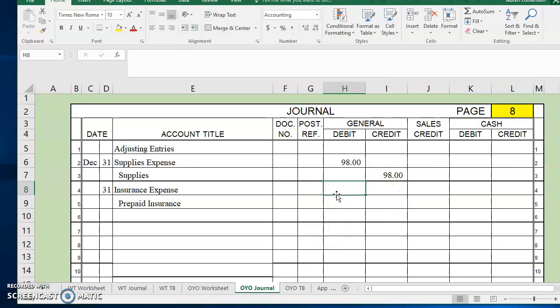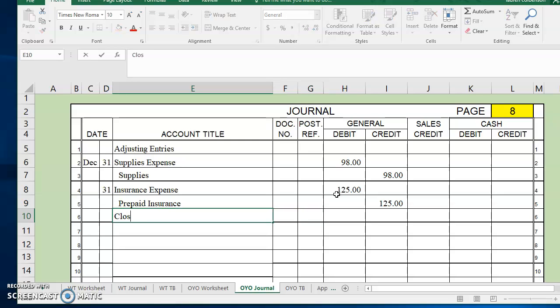So we would debit insurance expense $125, and we would credit our prepaid insurance by $125 to decrease the value of it. So those are just simply moving the adjusting entries from the worksheet into the actual journal. From the journal, of course, then you would post them into the ledger so you would have the right amount.